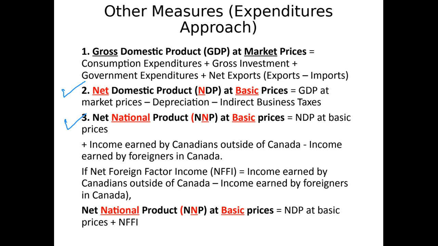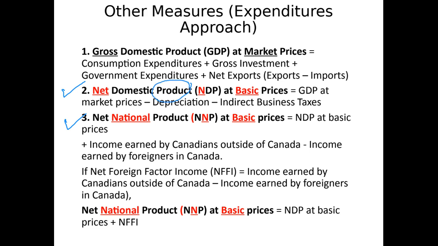Now, I can do the same thing using the income approach. Everything is the same except one thing, and that is not even necessary, because if you have already mentioned the income approach, then you don't need to make this distinction. But normally, instead of product, we just write income.